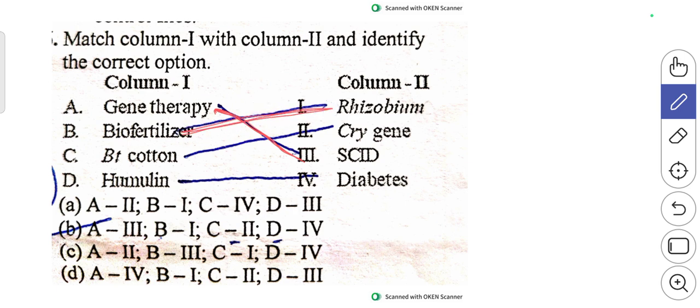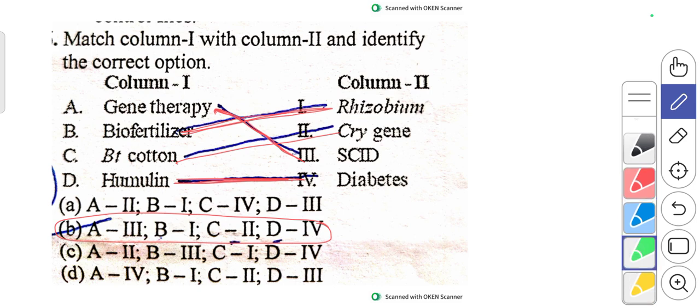Then BT cotton, as you all know, BT cotton contains the cry gene. Then humulin is one of the products which is synthesized to cure diabetes. So for this one, that is A3, B1, C2, D4. The B option is the right answer. So we'll discuss the next question.